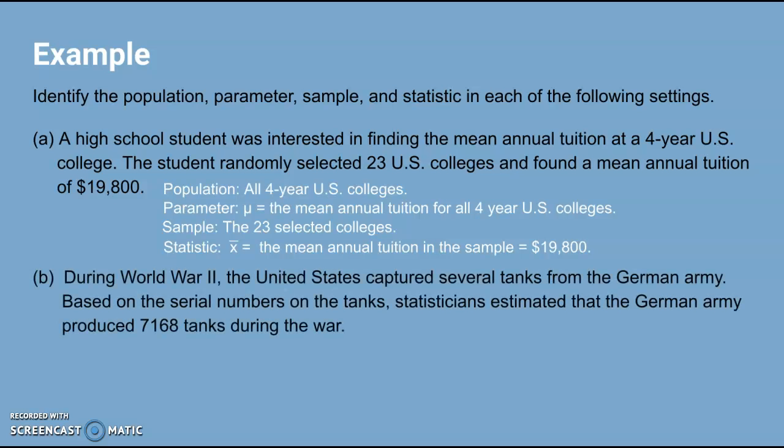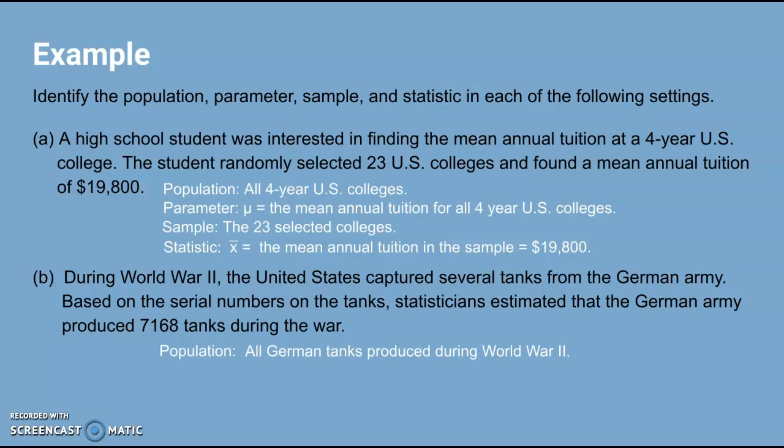All right, here's another one. During World War II, the United States captured several tanks from the German army. Based on the serial numbers on the tanks, statisticians estimated that the German army produced 7,168 tanks during the war. So what's the population? Well, the United States was interested in all the German tanks produced during World War II.